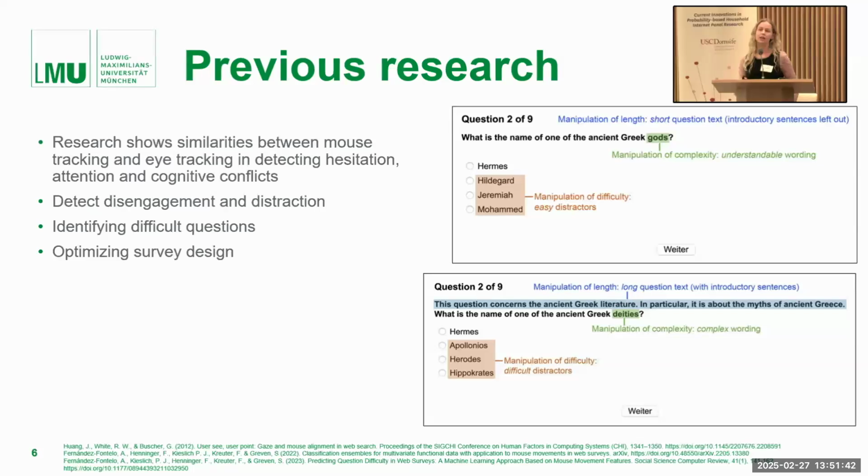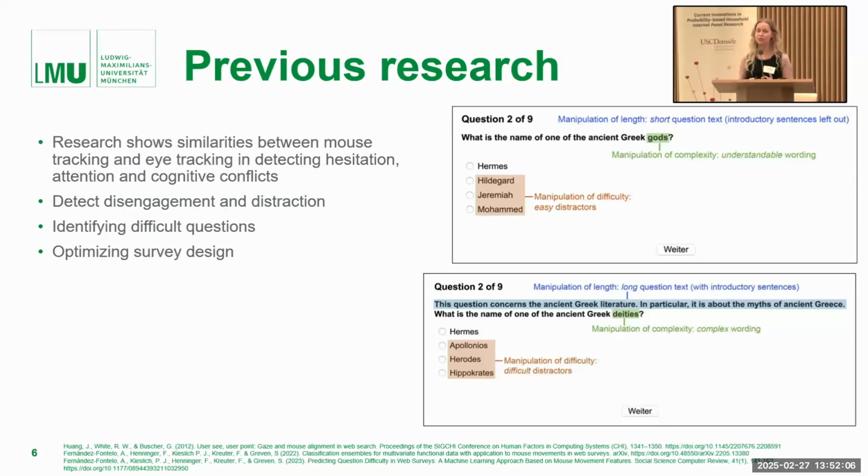So here we see a manipulation of length and of complexity in the wording, and also of different response options, how difficult these are. And what they found here was that they trained a model to predict what kind of group, whether it was the difficult group or the easier group, based on the mouse movements.